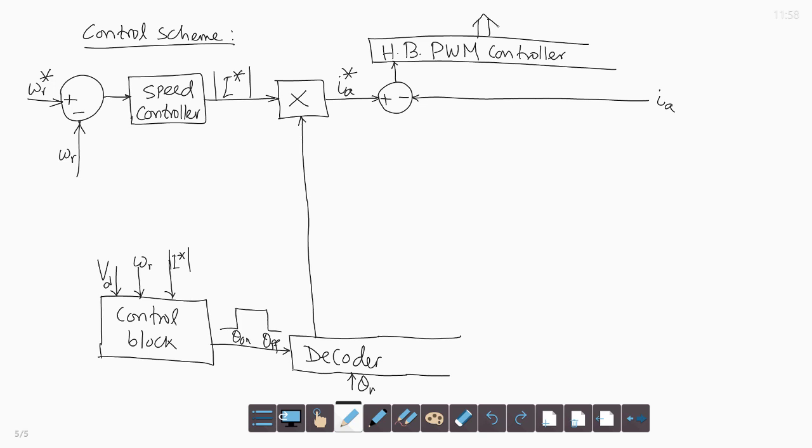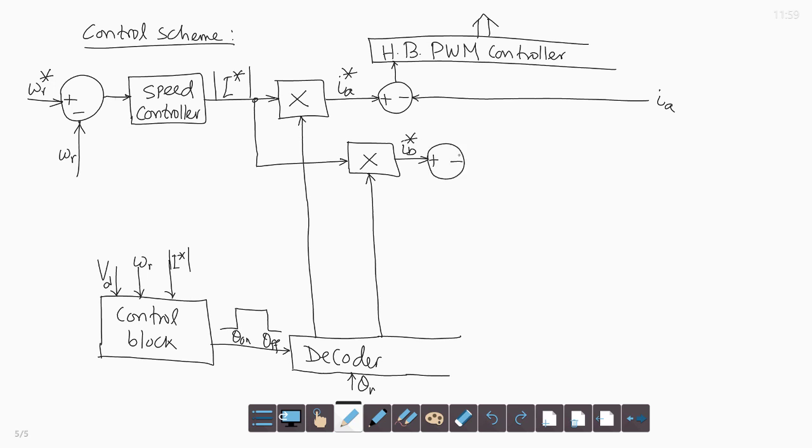Similarly, we will have another multiplier which multiplies a pulse from the decoder and reference current I star and generates the current command for phase B, IB star.